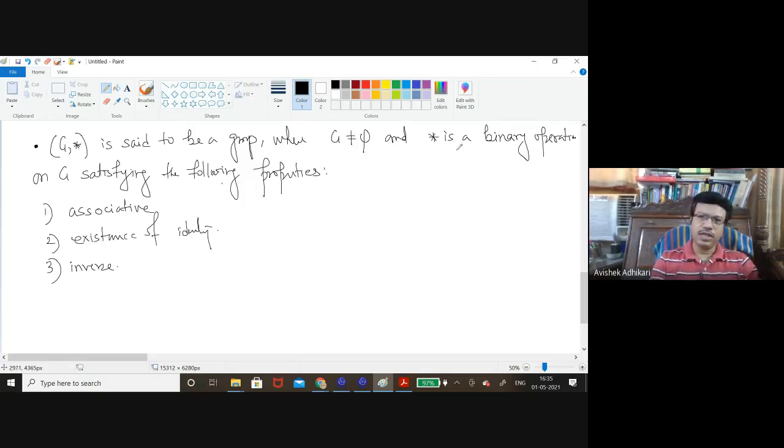Here I have already mentioned that star is a binary operation. If I ask you what is a binary operation on G, it means it's a mapping from G cross G to G. When you are going to add numbers, how many minimum numbers may you require?